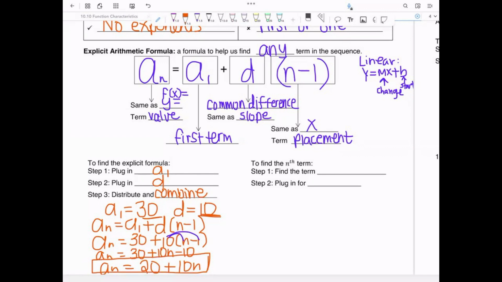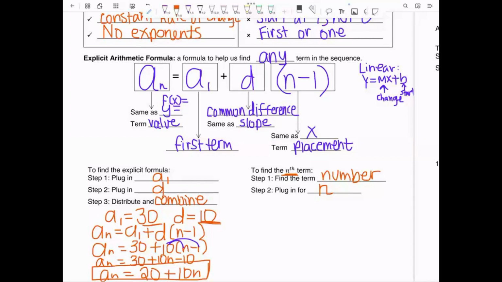All right, so then sometimes they ask you to find a certain term. So we need to find the term number. If they're asking us to find the nth term, so they'll say the 10th, the 11th, the 12th, any term number, we need to find out what term number we are finding, and then we're going to plug that in for n.